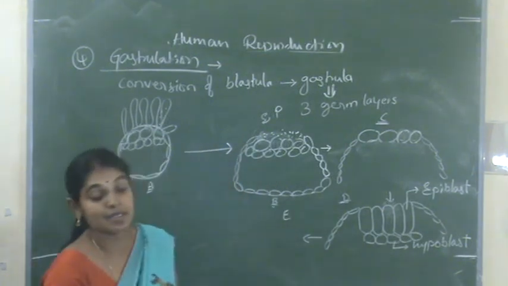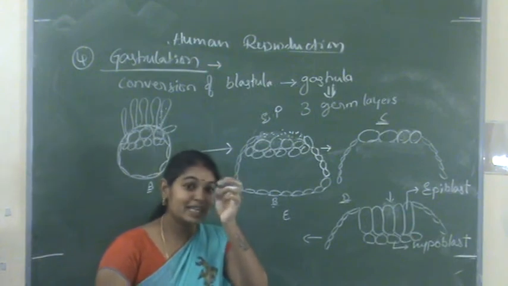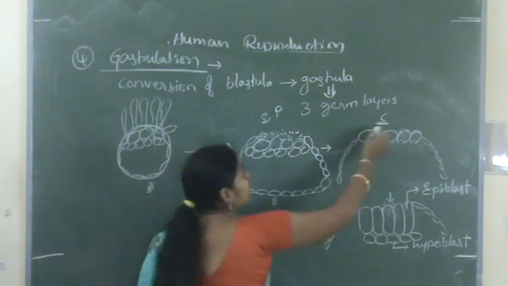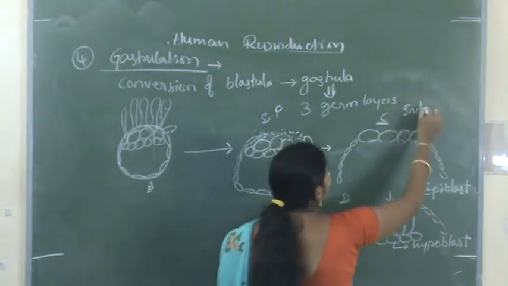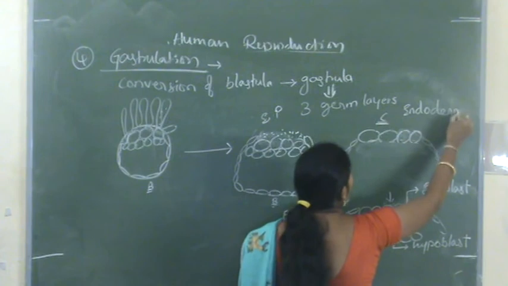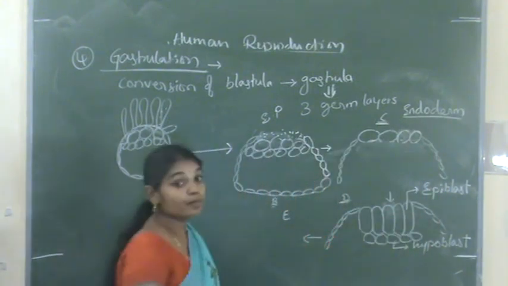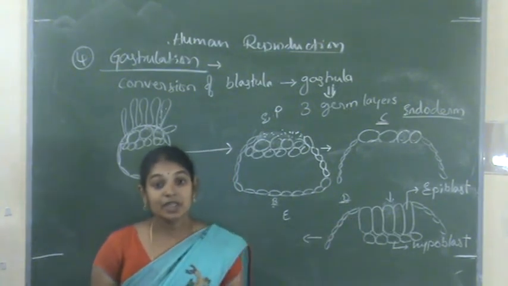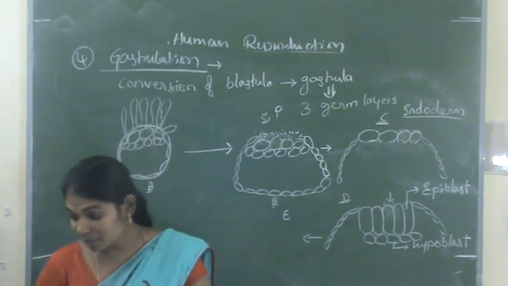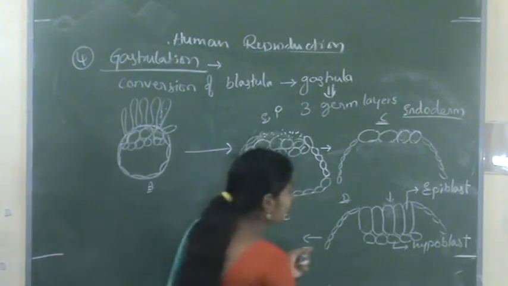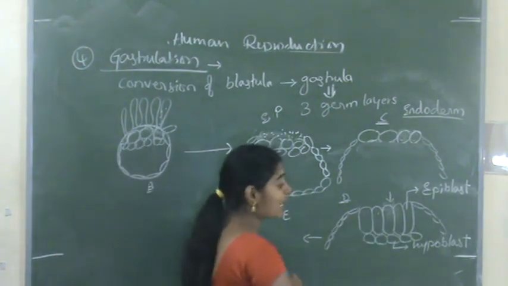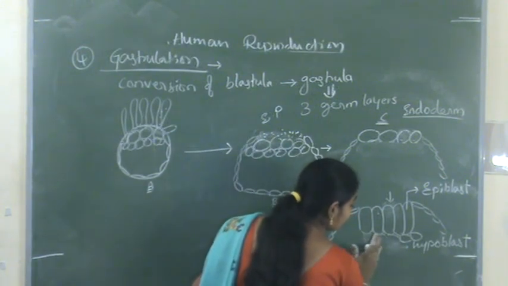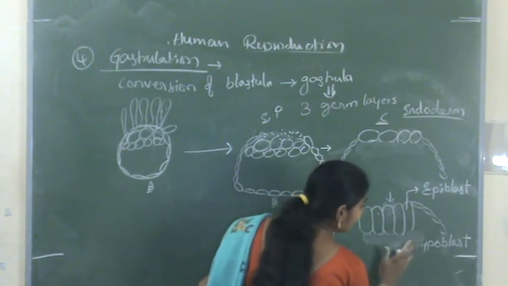And now in the next stage, what happens in the E stage? In the E stage, the first germ layer, that is endoderm, is formed from these epiblast cells. How? From this epiblast, the cells detach from this layer.